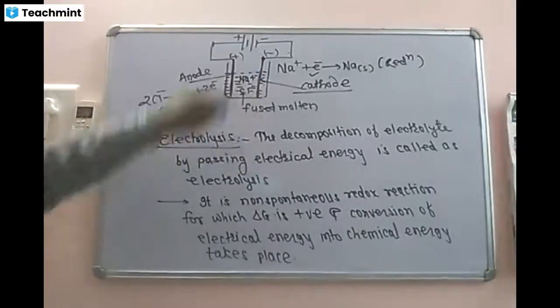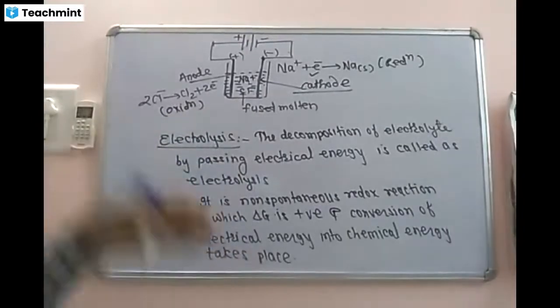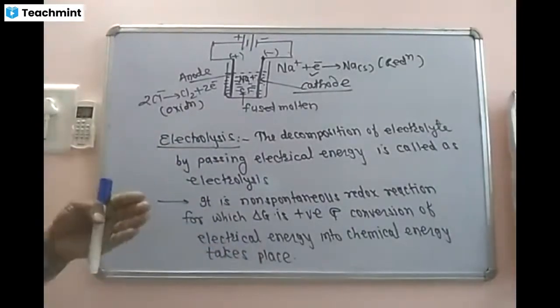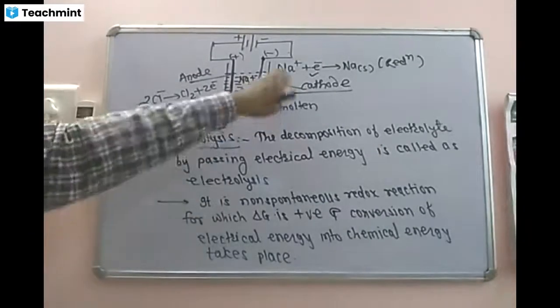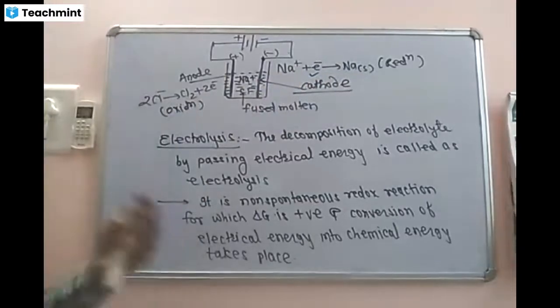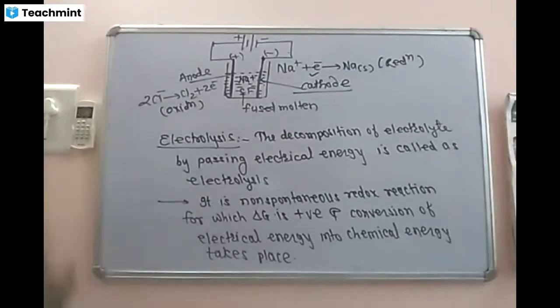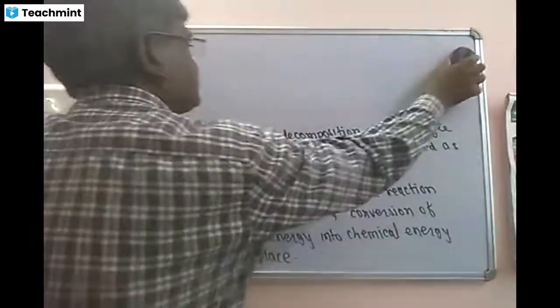So in that case, when current is passed, then non-spontaneous redox reaction will take place, and that results into decomposition. That is, NaCl gets converted into sodium and chlorine, means its constituents are separated from that given compound. So in that case, that will be called electrolysis. So next definition will be electrolytic cell.